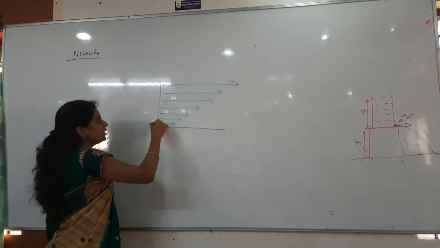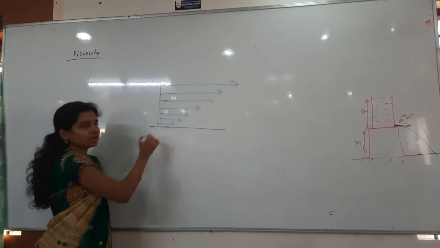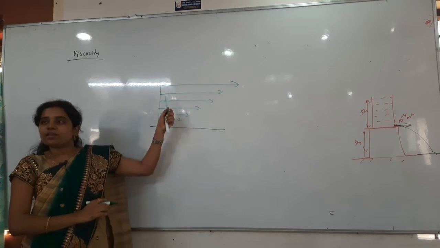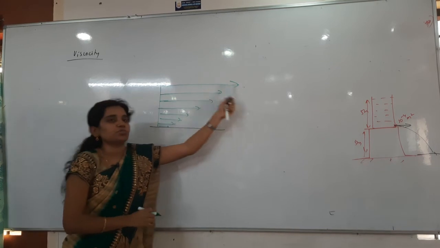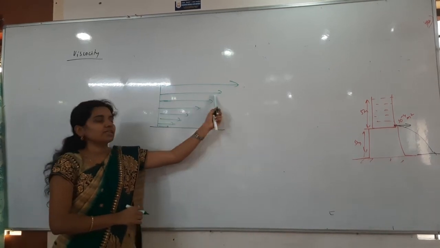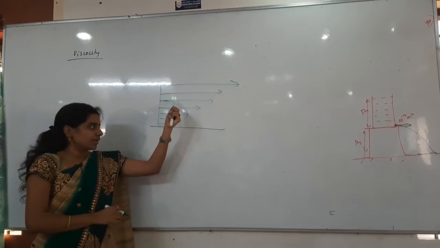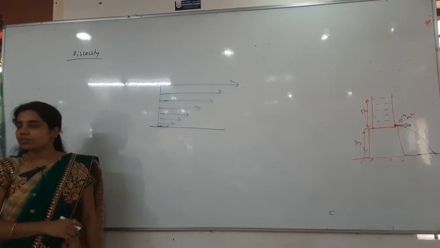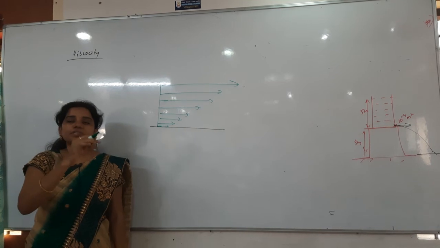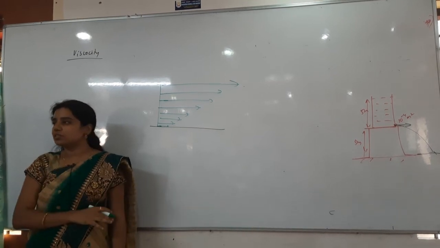Once the water starts its journey at this point, the top layer will move fast, so its displacement is more, and the bottom layer has a little less velocity, and then less. Here there is almost zero velocity. Whichever layer is in contact with the ground has almost zero velocity.